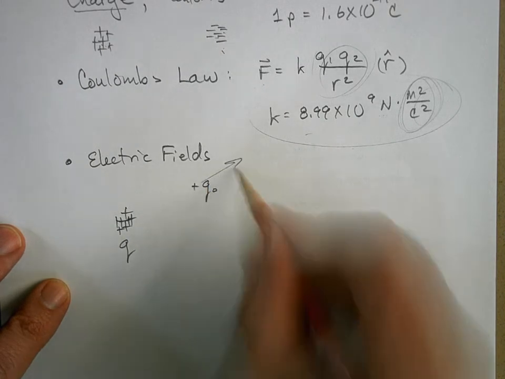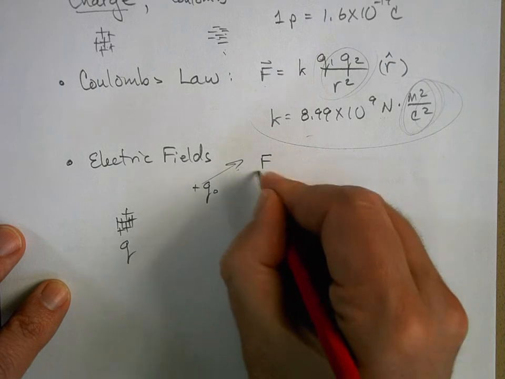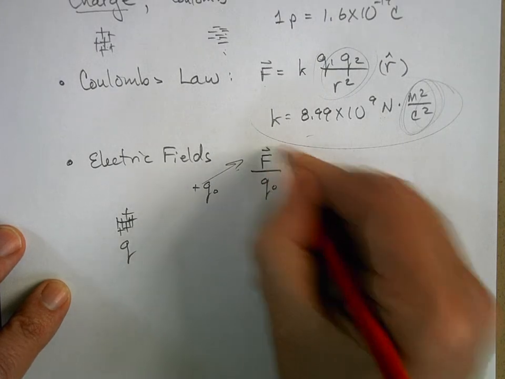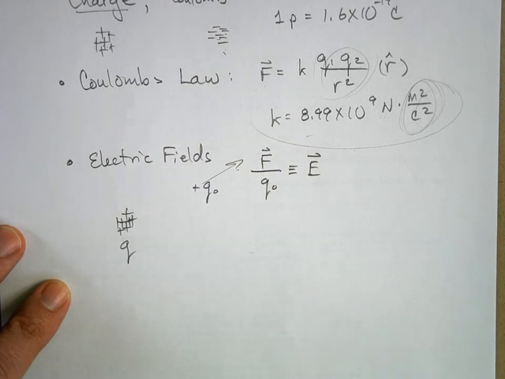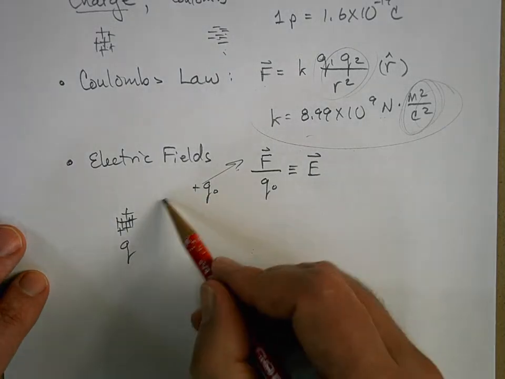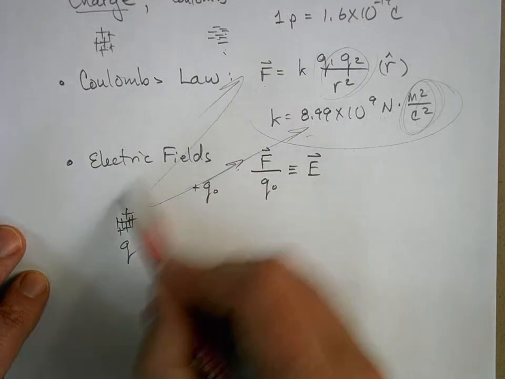I measure that force of repulsion and divide it by the test charge. And that, by definition, is the electric field at that point in space. We can connect all of these force vectors together to make what's called an electric field line around the charge.